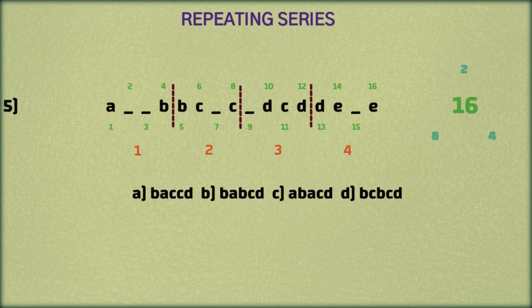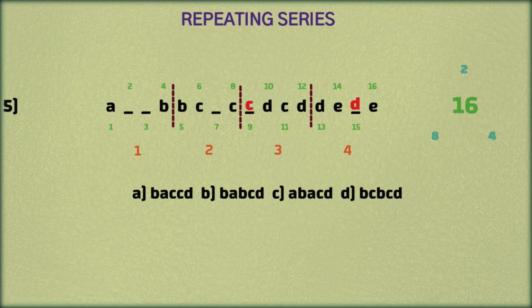As we have E-E in the fourth group and D-C-D in the third group, this represents that the first and third letters must be the same in the series. So if we apply similar logic to the second and fourth letters, that is dash E-D and in the third group C-D dash, the letters in the blank spaces should be D in the fourth group and C in the third group.